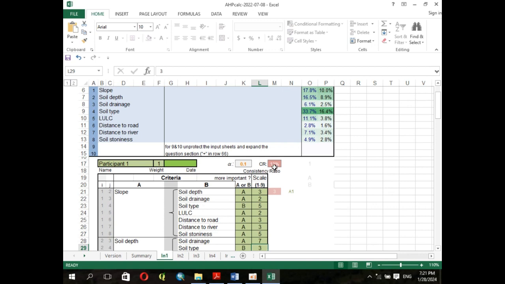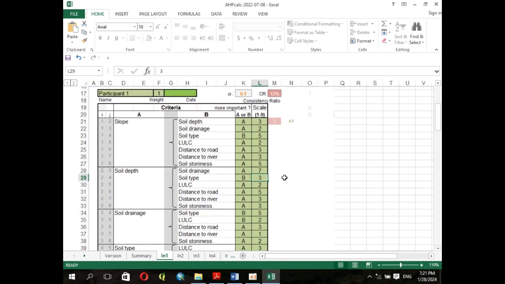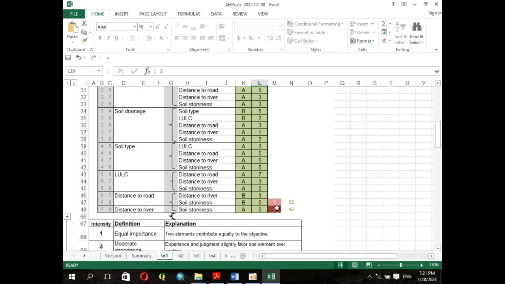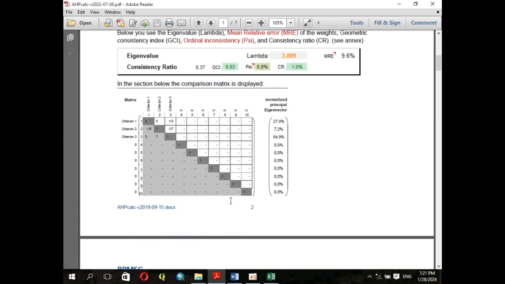the consistency ratio is greater than 10%. And this red color, this 3 to 1, shows us the inconsistency comes due to those three things. The first and the most affected judgment is this one. One is the most affected judgment we can get from this note.